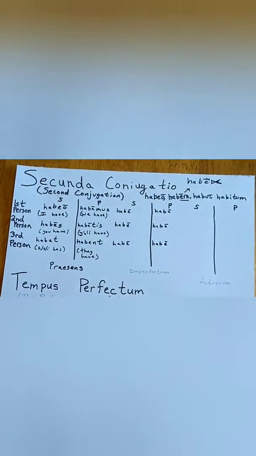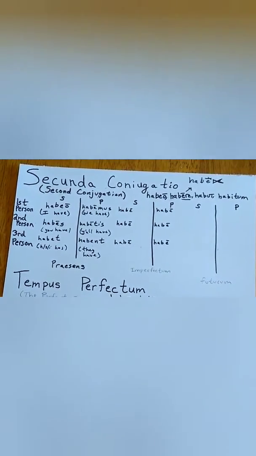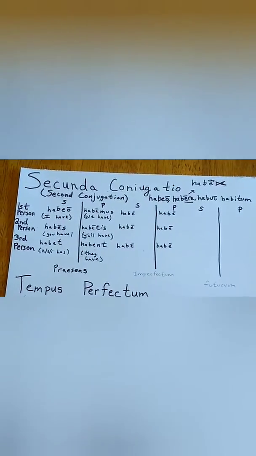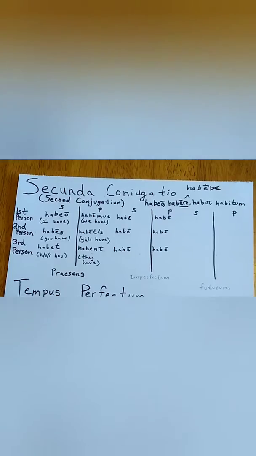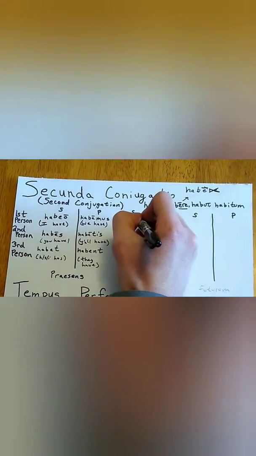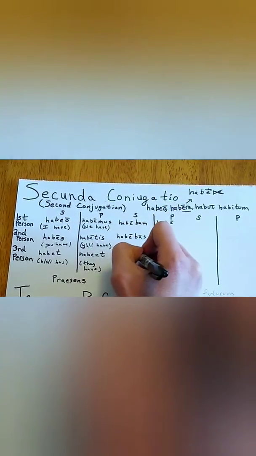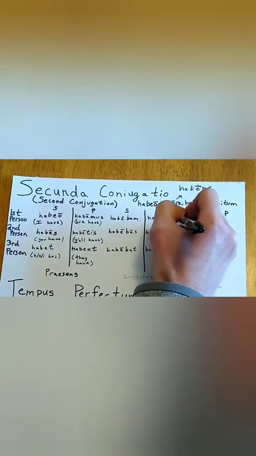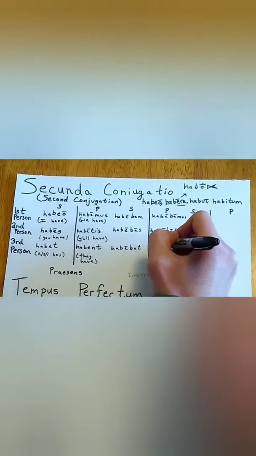And then it's simple. For the imperfect tense, all we have to do is add our imperfect endings. We have our stem, then you just add your imperfect endings, which are bam, bas, bat, bamus, batis, bant.